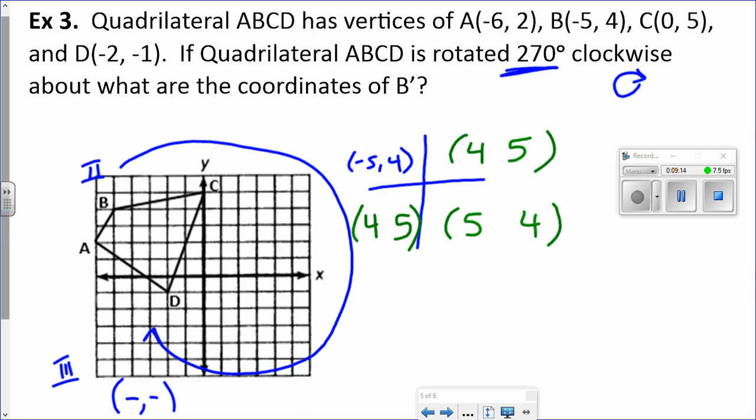So in quadrant 1, it should be positive, positive. So it's 4, 5. In quadrant 4, it should be positive, negative. So that's there. And in quadrant 3, which we're looking for, should be negative, negative. So that point that we're looking for to rotate B 270 degrees will be at negative 4, negative 5. And then we can go ahead and plot that on the graph.